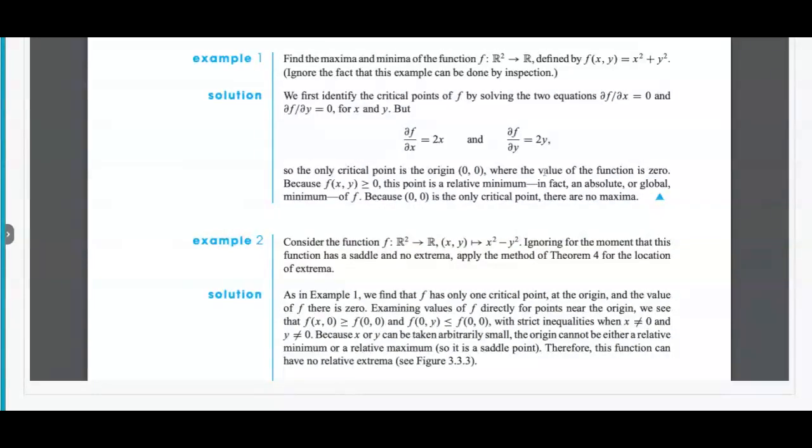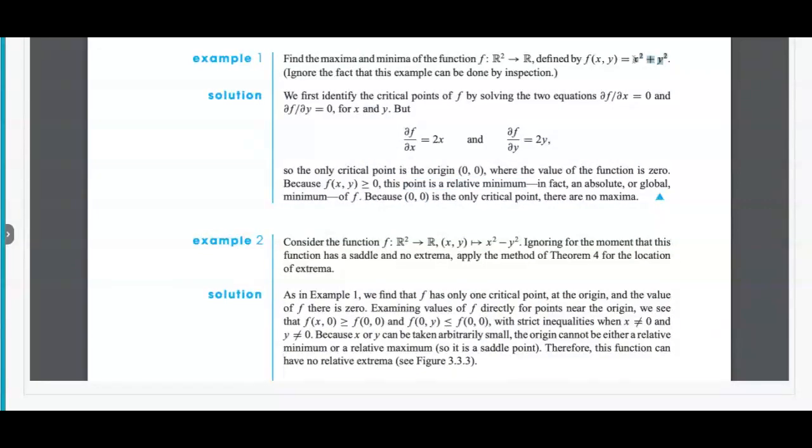And the value of the function is 0, right? 0 squared plus 0 squared is 0. So (0, 0) is the only critical point. And how do we know this point is a relative minimum?